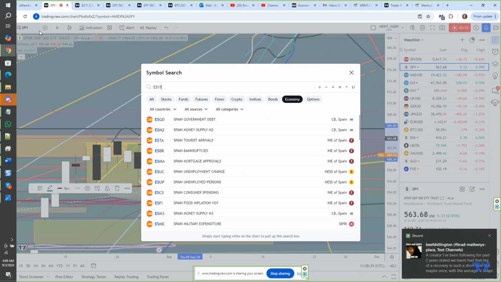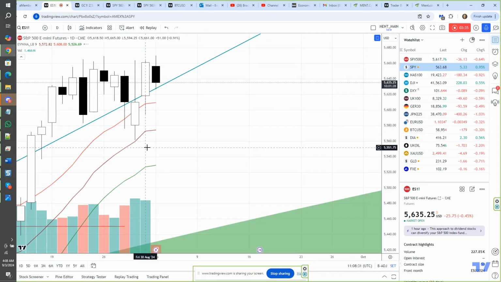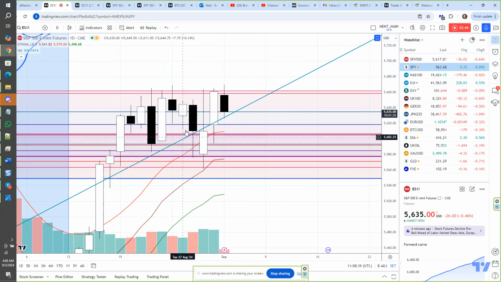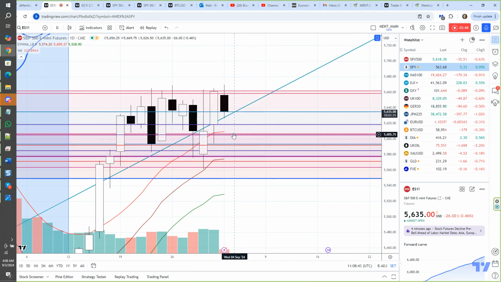So we take a look over here on the ES chart, and you can see the down pattern here. We're likely going to see an upward trend here. So this is the 3rd.